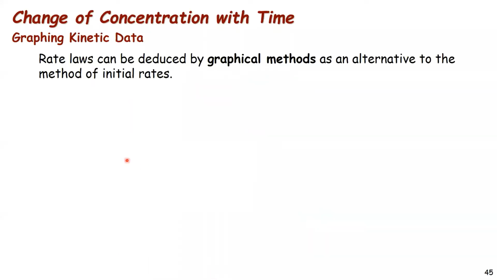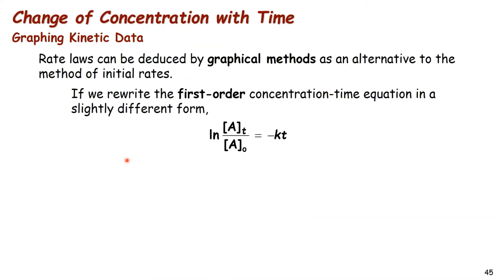Okay, let's talk about graphing these things. This is going to be real important for those of you doing the lab, because you're going to use graphical methods to determine your rate laws. So if we have a first order equation, when we do graphs, we always want things to be linear, to be a line, right?